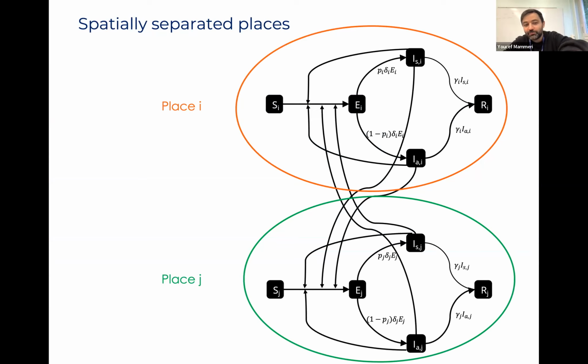Maybe I didn't explain this slide well. In the slide you actually have both. In each place, you solve a PDE, and the transport between places is a source term, just a connectivity matrix between places.